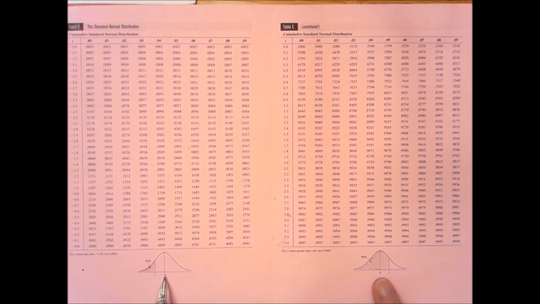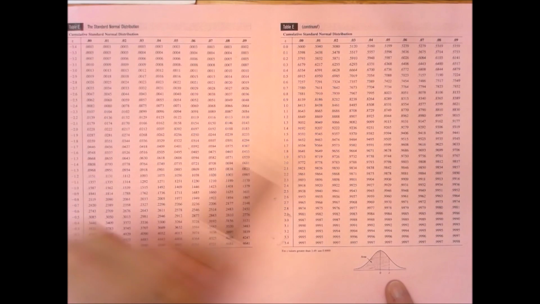All the values to the left of 0 are negative, just like a number line, and all the values to the right of 0 are positive. Notice how the shaded area again is to the left. It's cumulative.